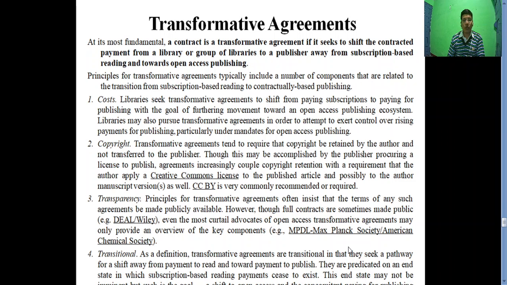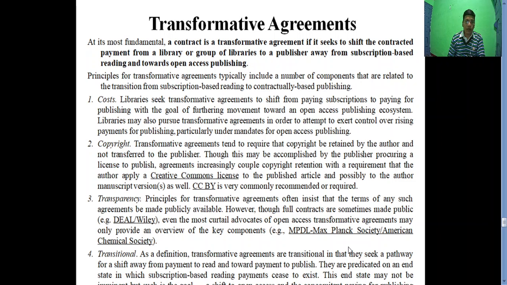Libraries may also pursue transformative agreements in order to attempt to exert control over rising payment for publishing, particularly under mandates for open access publishing.